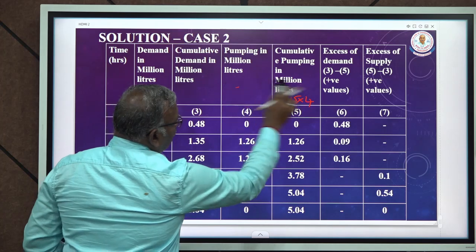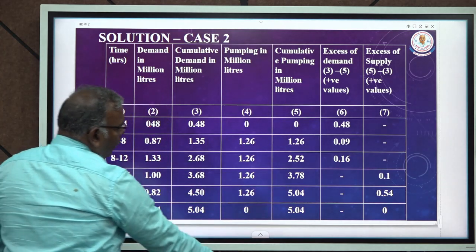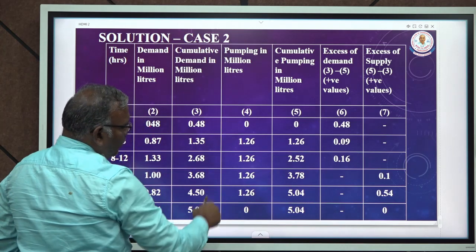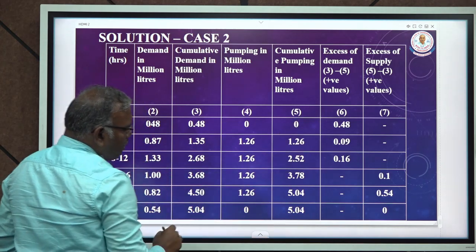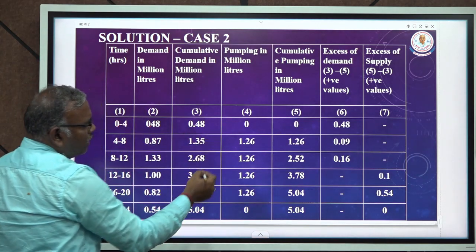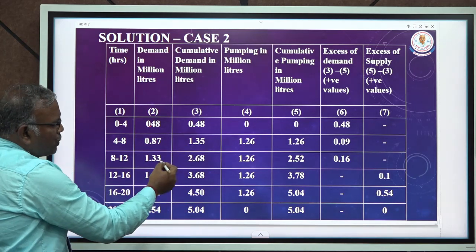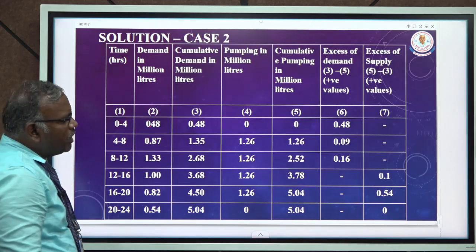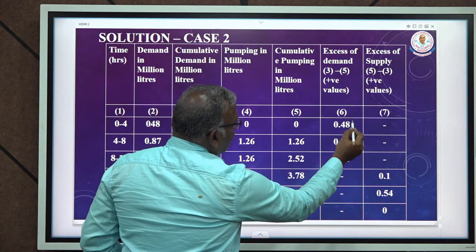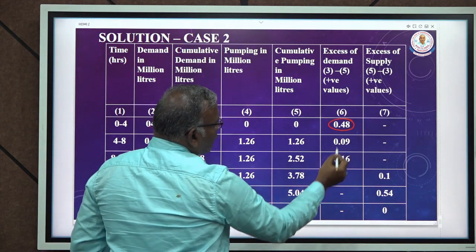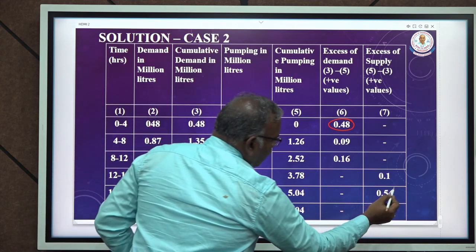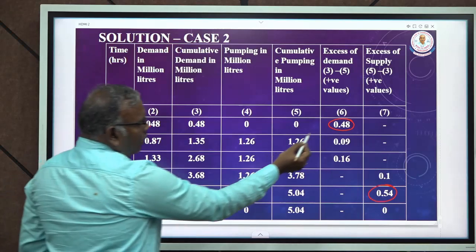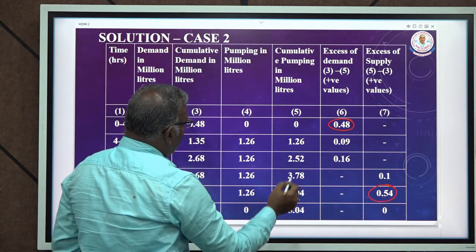Okay, from this we calculate the cumulative demand as well as the cumulative supply, by adding the successive values of demand or supply, the same way as we calculated earlier. From this we compute the excess demand as well as the excess supply, and the maximum value we take for the storage capacity requirement.